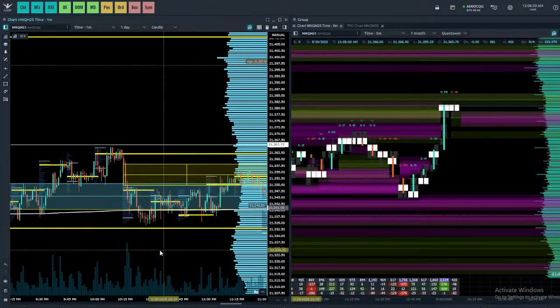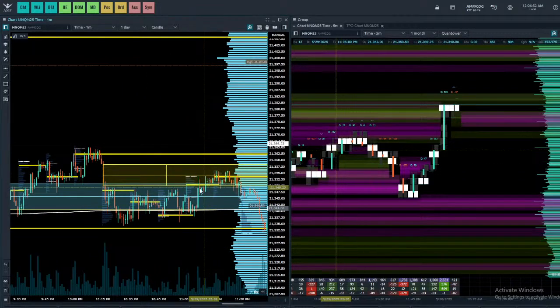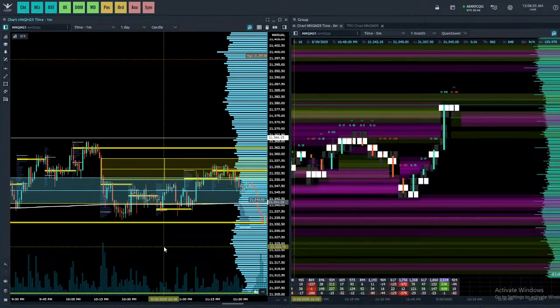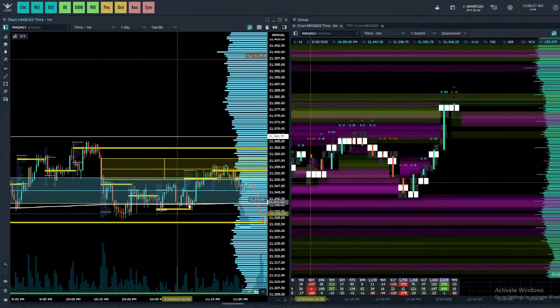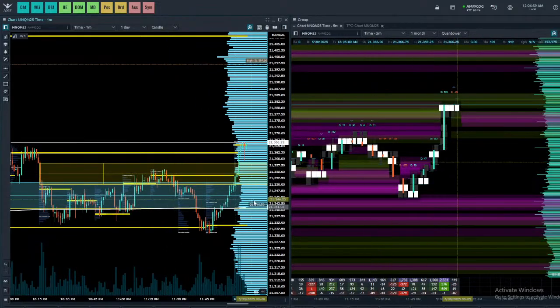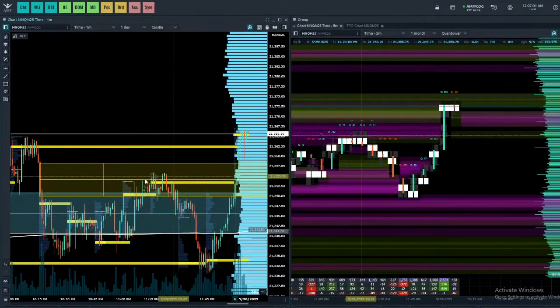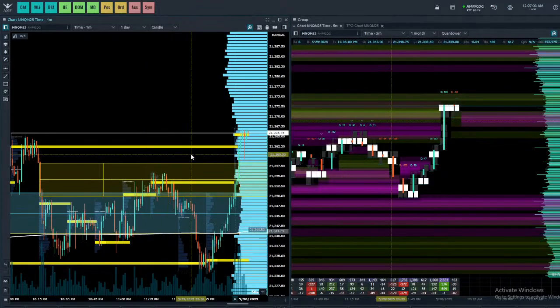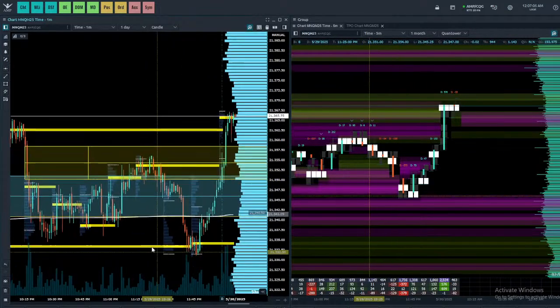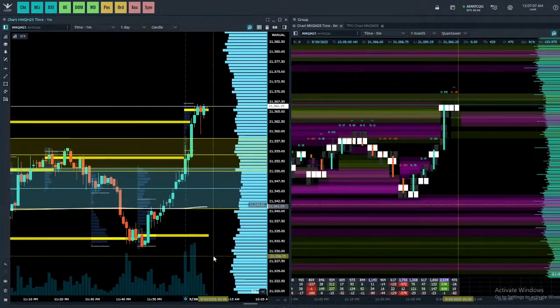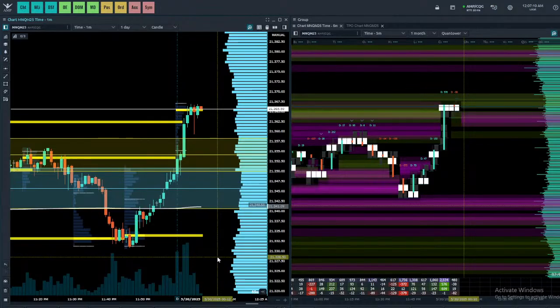That's still my big fair value gap. So I'm still waiting on the 50% retracement. Boom, retracement. We stayed below our fair value gap, 50% retracement. We didn't move back up, and we fell right back down. Okay. All right.